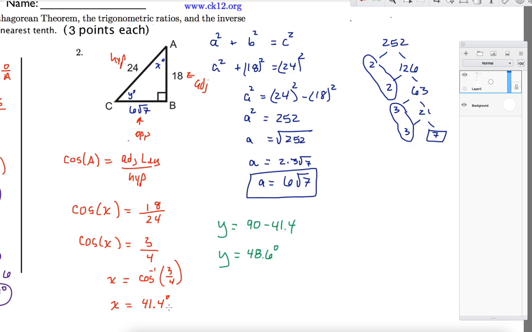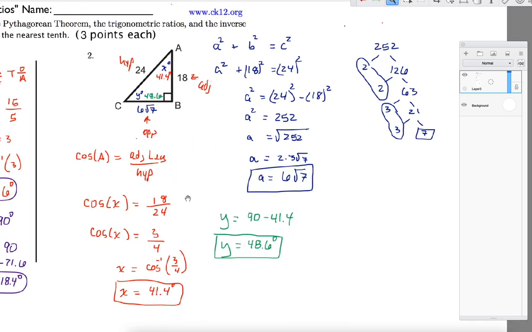So 48.6 and 41.4 add up to 90. There are my solutions. So this is 48.6, and this one is 41.4. Very good.